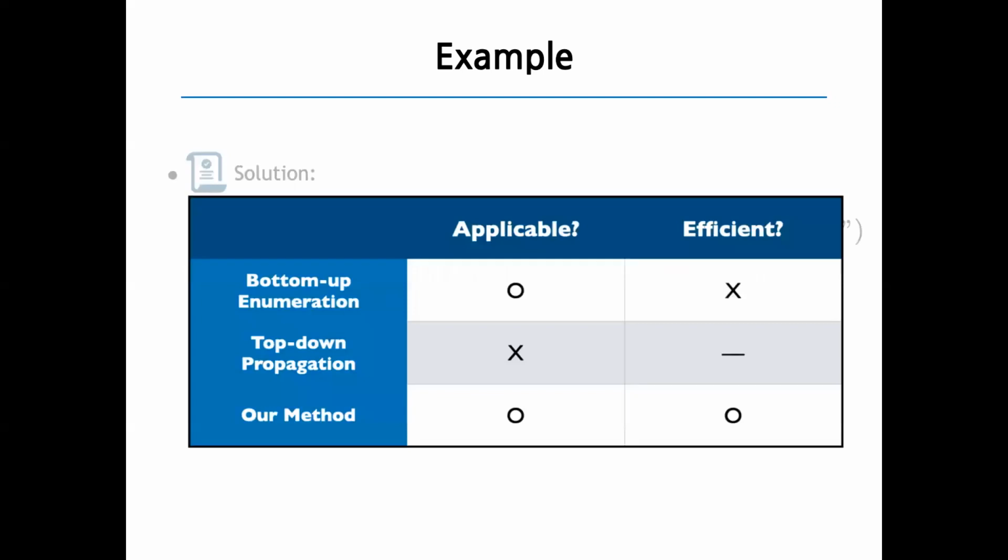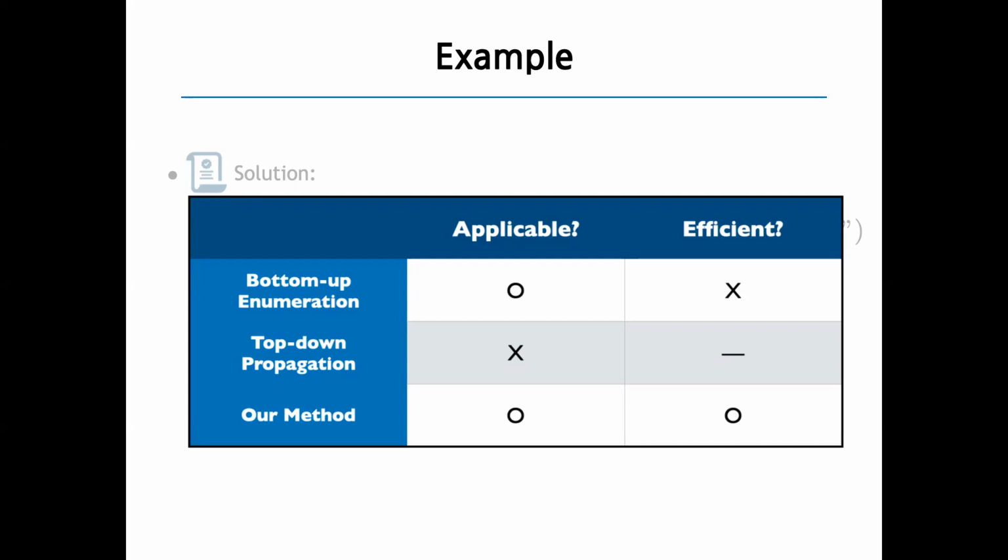On this example problem, I will describe how existing strategies and our strategy work. Bottom-up enumeration, which is the general-purpose strategy, is applicable to this problem, but inefficient. Top-down propagation, which is the domain-specific strategy, is not even applicable.